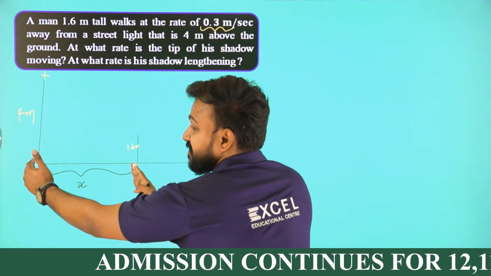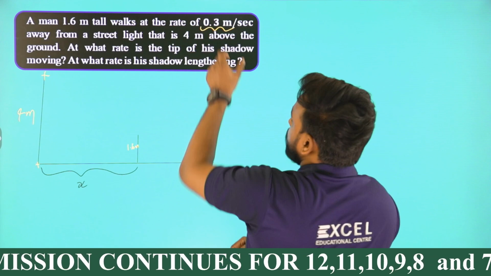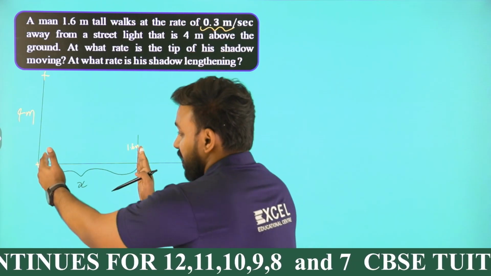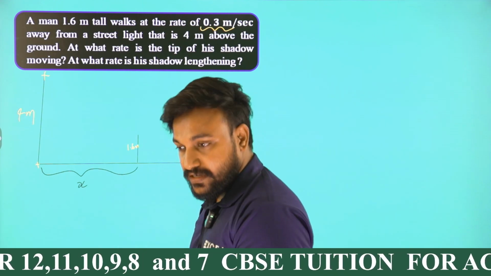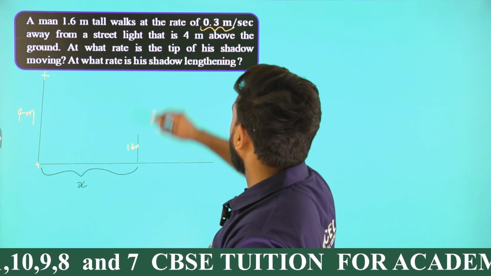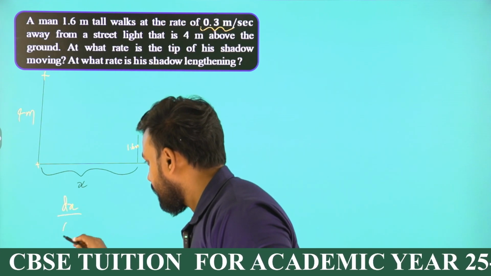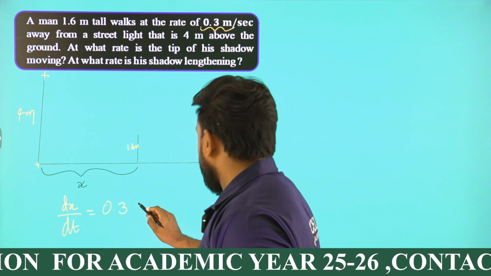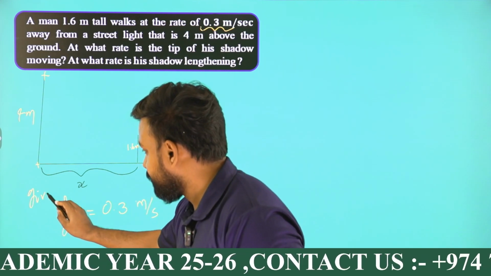That means this distance is changing at the rate of 0.3 meter per second, because he is walking away from it. Walking away means this x is changing. Ready? So the change of x is at the speed of 0.3 meter per second. So I can write it, dx by dt is given, that is 0.3 meter per second. This is given.